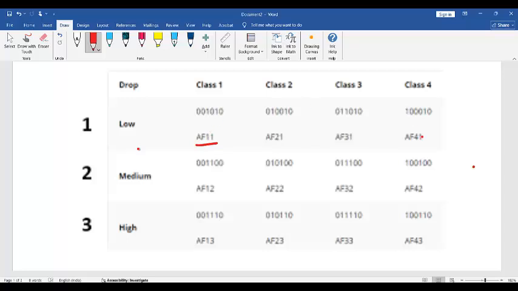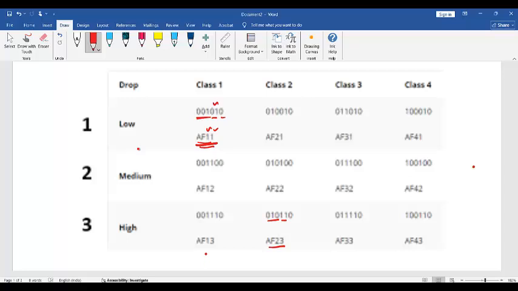First let us learn how to read this, then we'll talk about the drop: low, medium, high. Now this is AF11. How AF11? As I said, you need to see these two separate, and this ignore. Value of this is 1. 1. Assured forwarding 11. Now let's see this one. 2, 3. AF23.